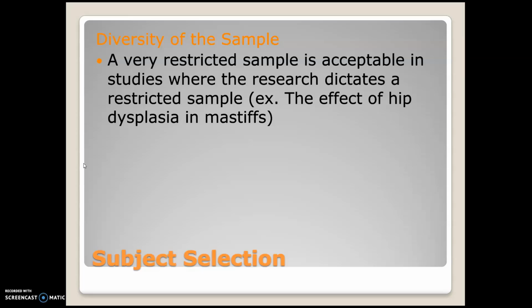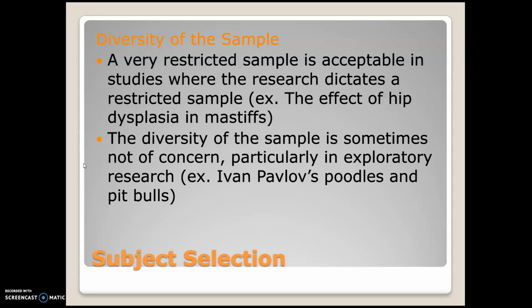Well, part of the reason why they get hip dysplasia is because they're so big, right? I don't need a very diverse sample in that case because not a lot of dogs commonly get hip dysplasia. So it wouldn't do me any good, for example, to sample Chihuahuas or make sure there were Pomeranians in my sample because those dogs typically don't get it because they're not very big, right?